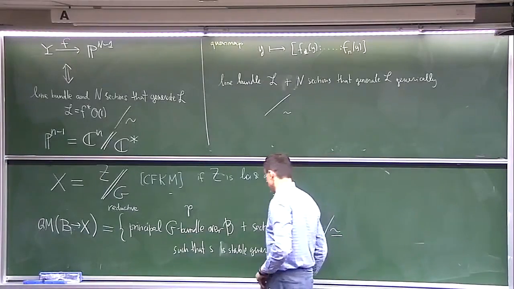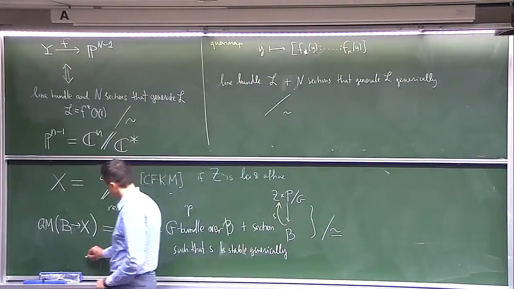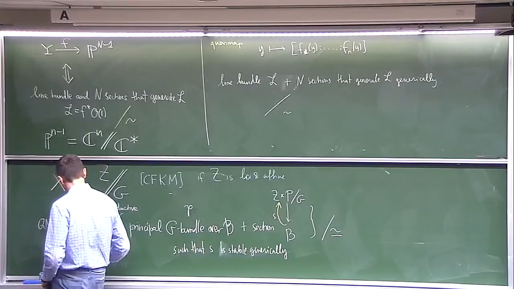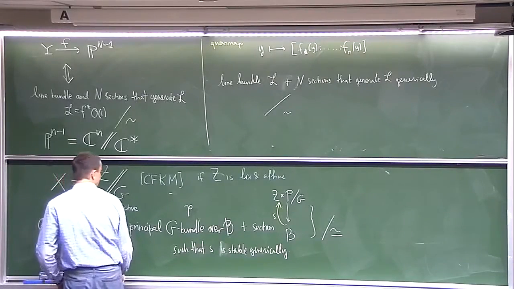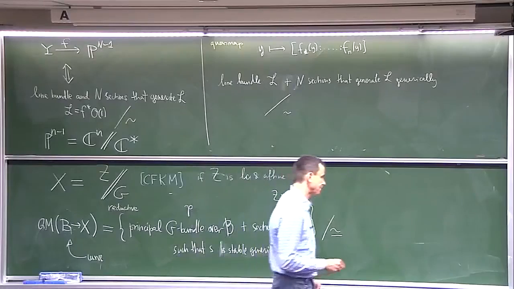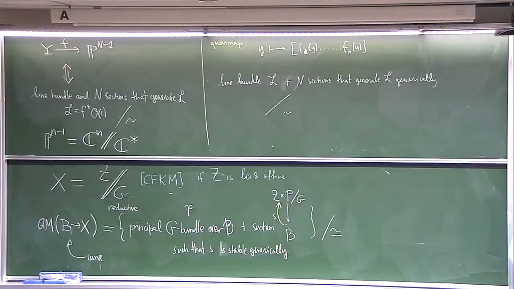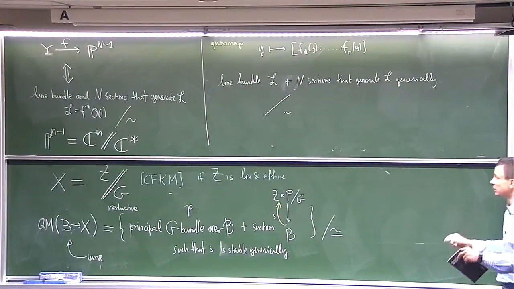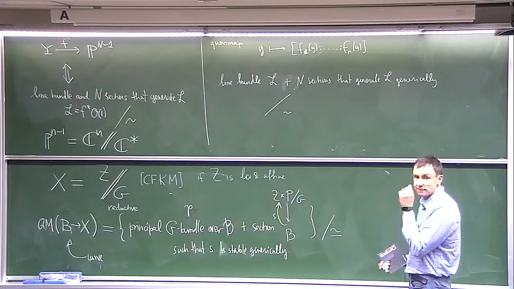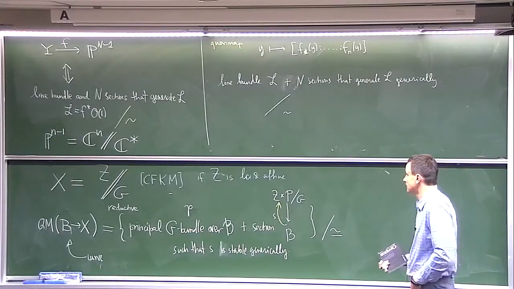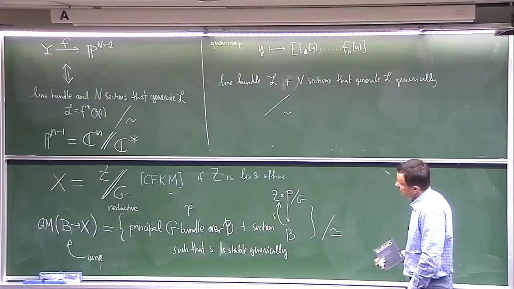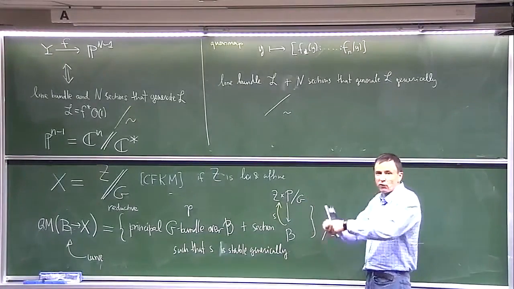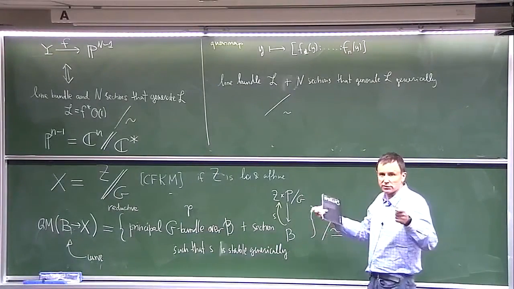B is one dimensional, B is now a curve. And you can have marked points on B, and this is some notion that lives over the moduli stack of curves.